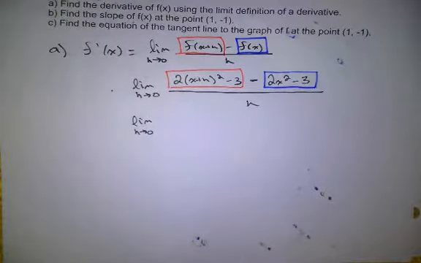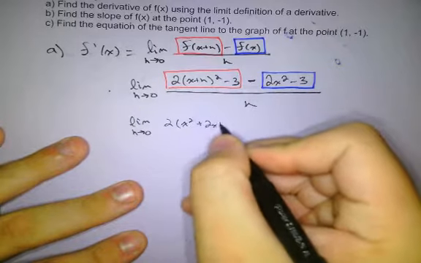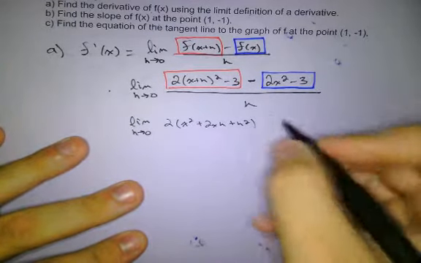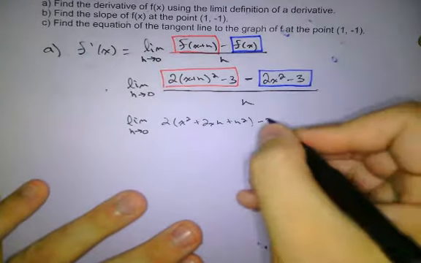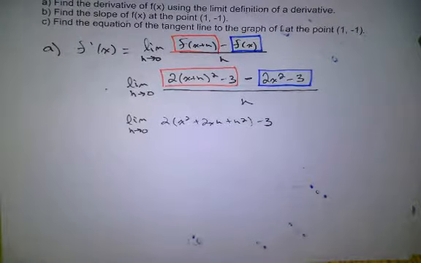So what is x plus h squared? Very good, class. It is x squared plus 2xh plus h squared minus 3 minus 2x squared. Why am I writing a plus 3 right there?